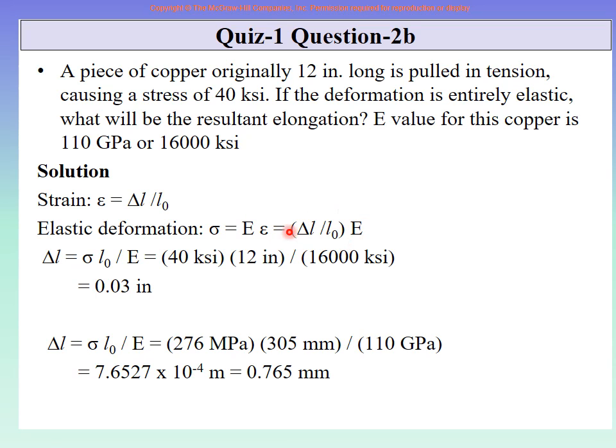So you just rearrange it and you can find that delta L, or the elongation, is 0.03 inch. If we had given it in the SI units, then the stress would be 276 megapascal, the length would be 305 millimeter, and the modulus 110 gigapascal. So you can find it there.